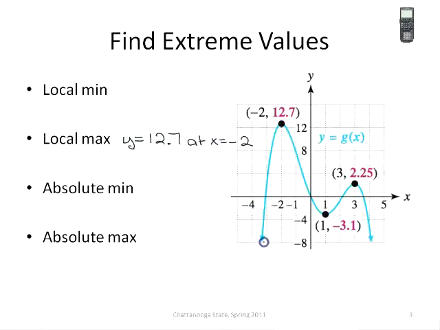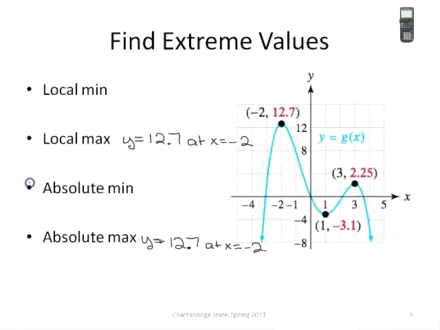There is no other point that's going to get any higher because both of these ends are going to keep going down. So the same value is my absolute maximum. Y equals 12.7, occurring at x equals -2.